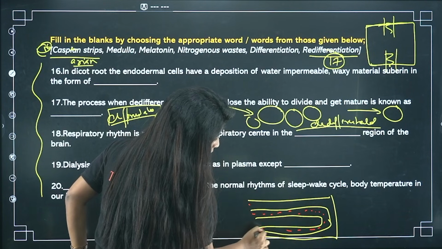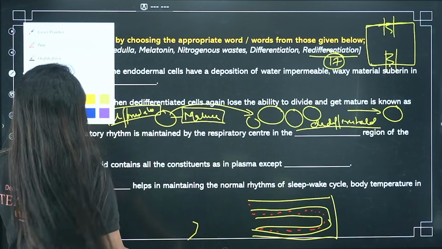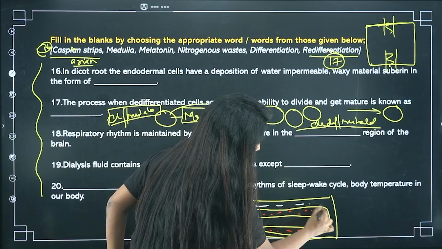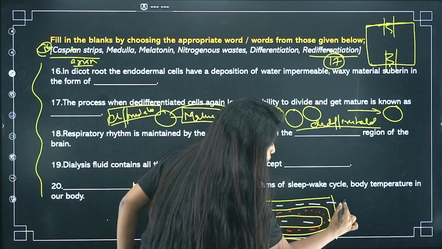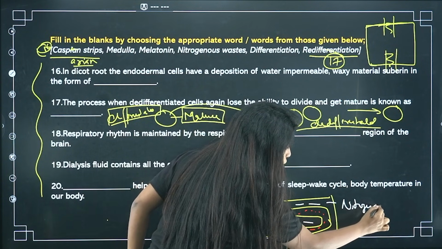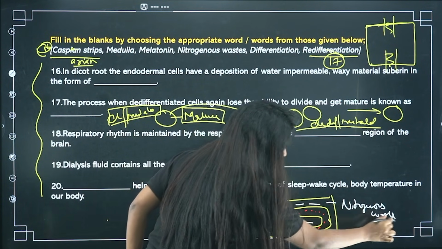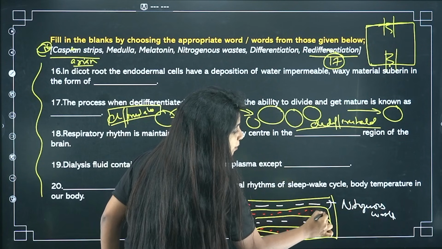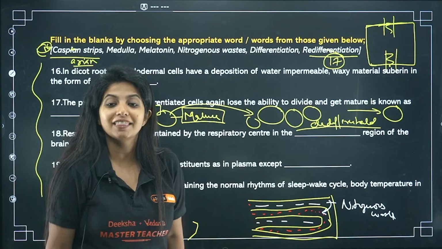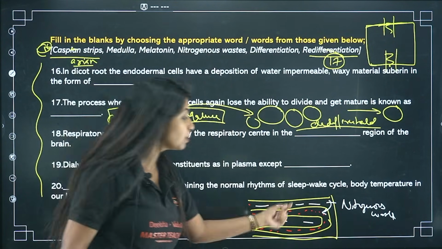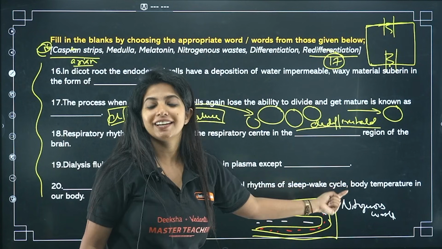Now suppose over here in the fluid, that is the dialyzing fluid, if I have too much nitrogenous waste, what is going to happen? From this, it will be getting inside my blood, and that I do not want. I actually want to remove it from the blood towards the dialyzing fluid.